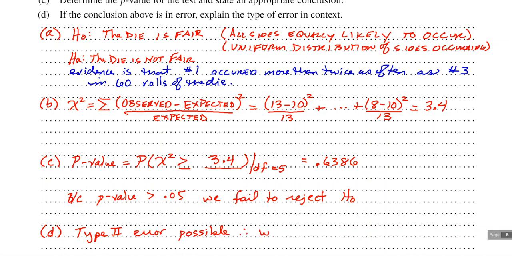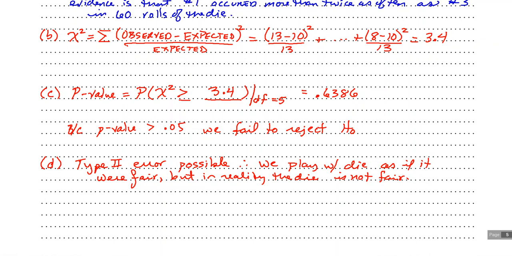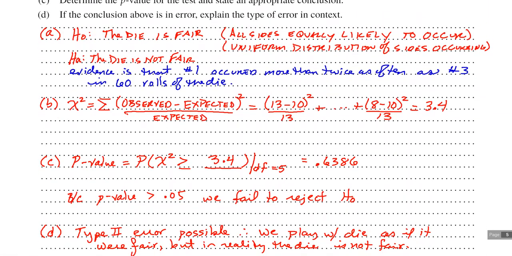So therefore, we play with the die as if it were fair, but in reality, the die is not fair. So that is the general approach for all these chi-square tests for goodness of fit.